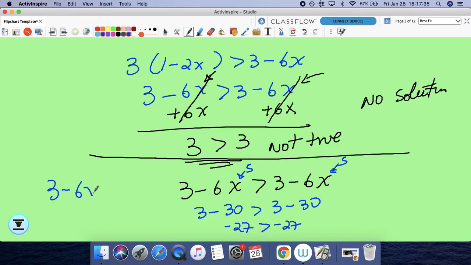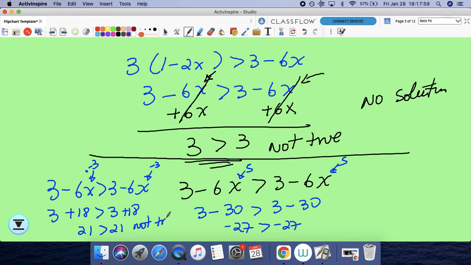So again, let me do it one more time, and this time let me pick a different number. Let's pick negative 3 just to be different. Negative 3 for x, and negative 3 for x here. So 3, and negative 6 times negative 3 is positive 18. On the other side, it's just the same thing. 3 plus 18, we get 21 greater than 21, which is also not true.